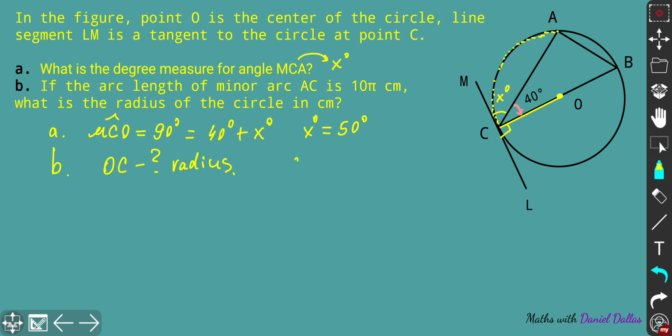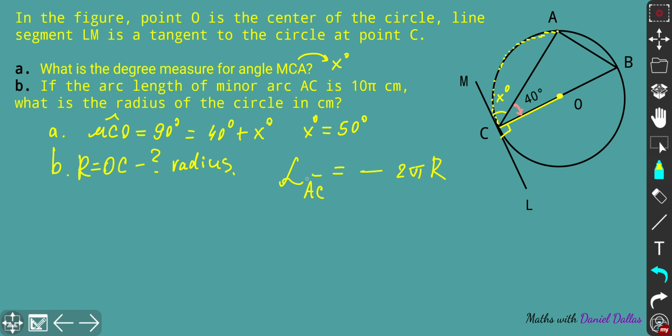So just remember how we measure the arc length. This is L, the length for the arc AC. How do we measure it? We take a proportion of 2 pi r, where r is the radius of the circle.